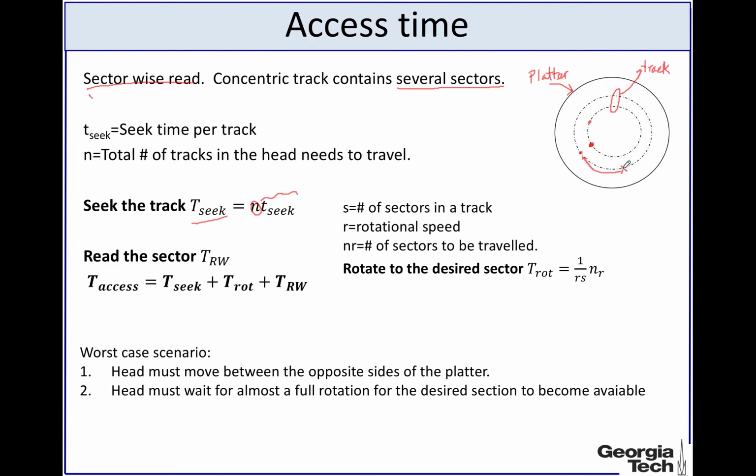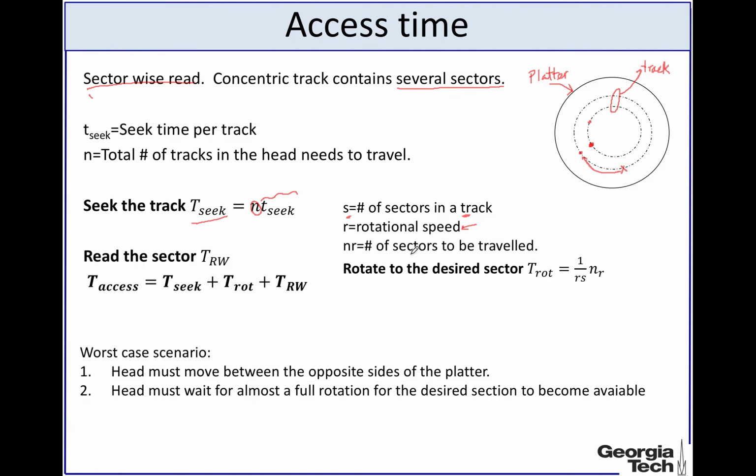So essentially you need to rotate the disk such that it comes here. Say R is the rotational speed of the platter and S is the number of sectors in the track, and N sub R is the number of sectors that need to be traveled.